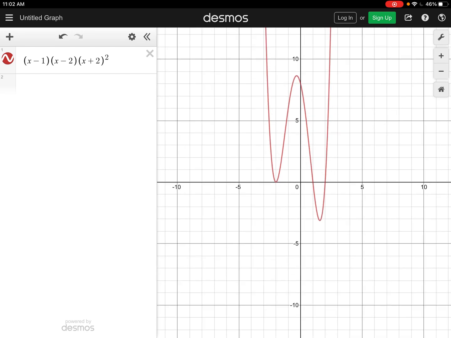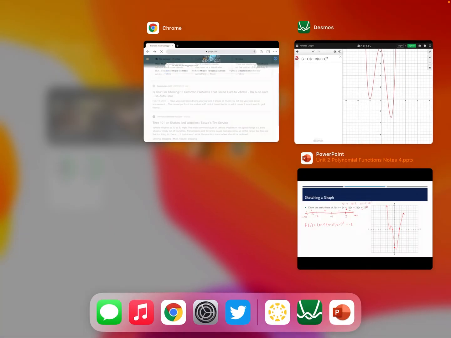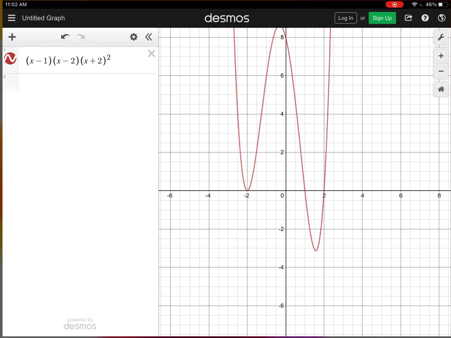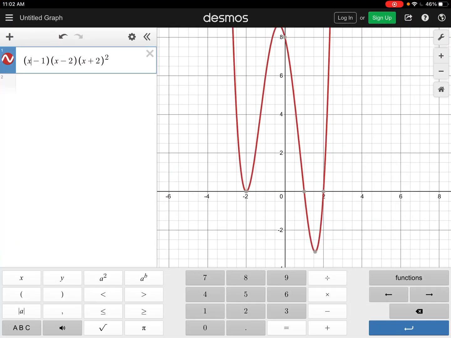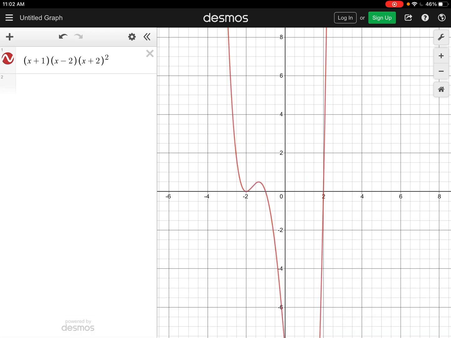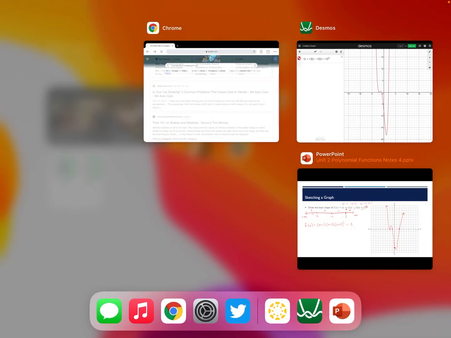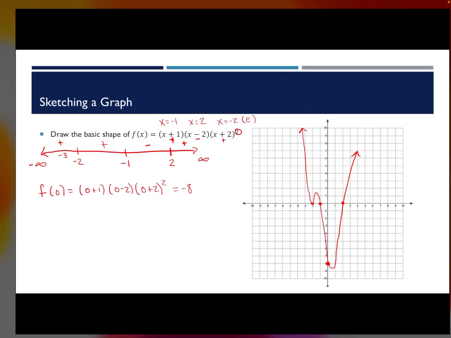So you can see the graph looks something like, if we zoom in, was it x plus 1? Yes, x plus 1. Let me take that out, make that plus 1. So yeah, we get our graph that, again, looks pretty accurate for what we did. You can see it right here.